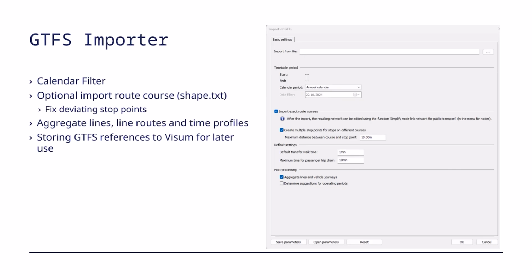There are, for example, possibilities to fix the deviating coordinates between stops and route courses. And there are ways to aggregate lines, line routes, and time profiles to minimize the redundancy. And this is crucial. Otherwise, you would have to make changes in your travel time, for example, for each trip. Now, let us have a look at how this works in Visum.